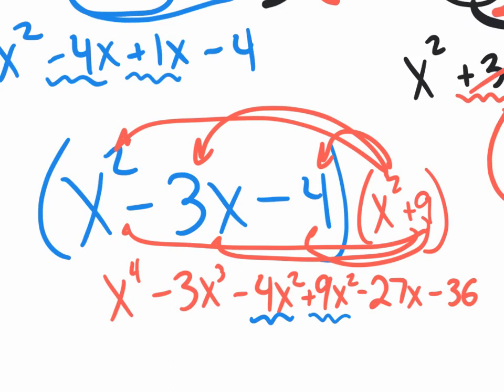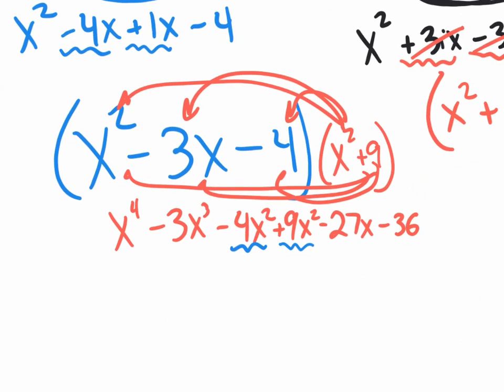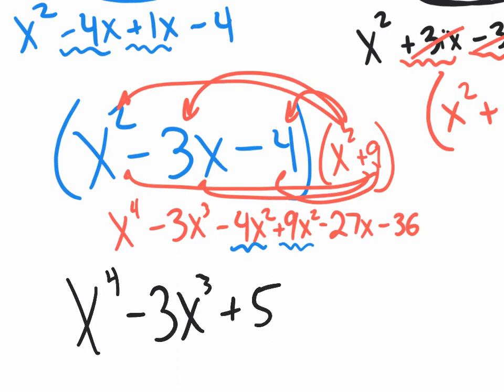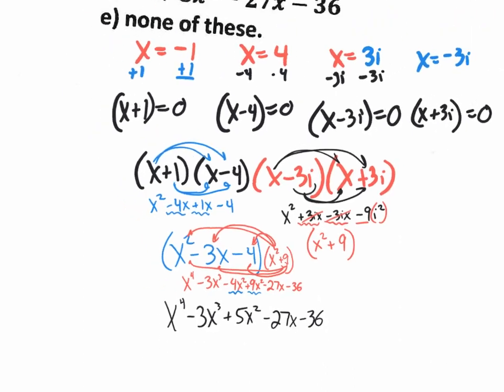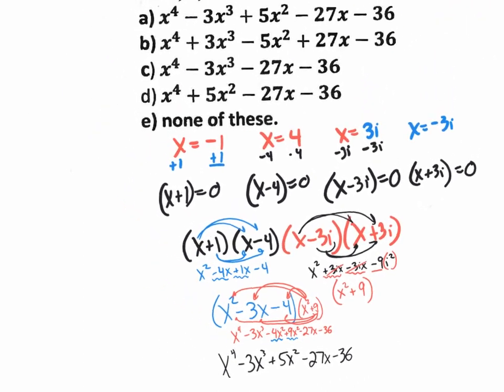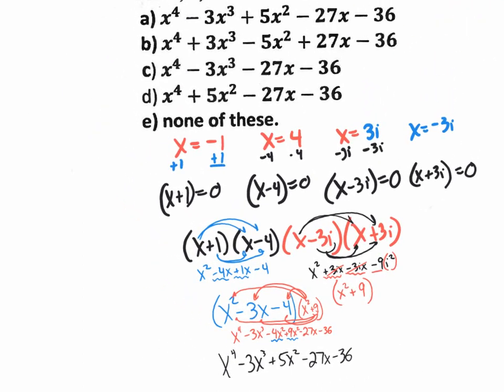So our final answer will be x to the 4th minus 3x to the 3rd plus 5x squared minus 27x minus 36. Multiple choice answer. Which one is that? Option A.